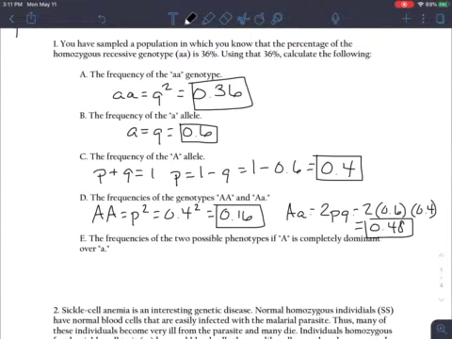And then if I add up 0.48 plus 0.16 plus 0.36, I actually get 1. That's a good way to double check your work.